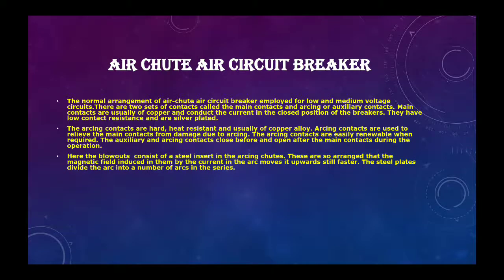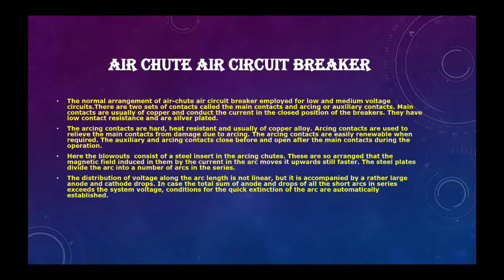Here the blowouts consist of a steel insert in the arcing chutes. These are so arranged that the magnetic field induced in them by the current in the arc moves it upward still faster. The steel plates divide the arc into a number of arcs in series, so it is extinguished by the splitting effect.